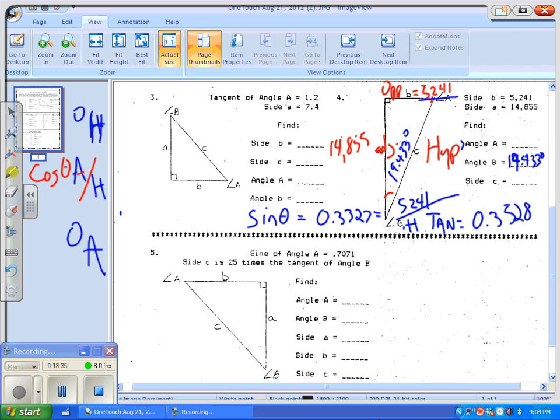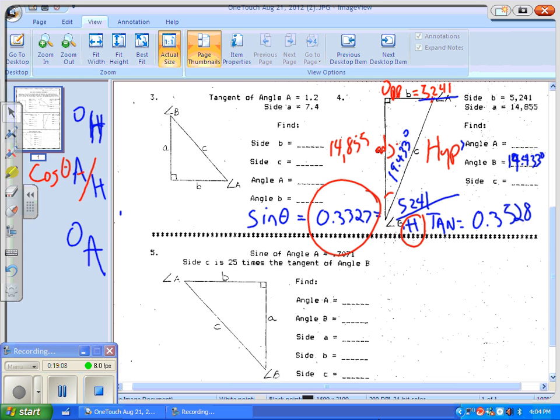Okay, we're going to exchange these once again. We're going to exchange h and this, so we're going to wind up with 5,241 divided by second function answer, which is our sine of that angle. And it tells us that the hypotenuse is 1565.925.